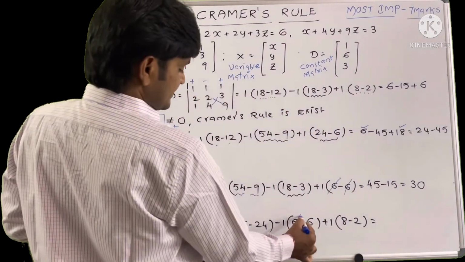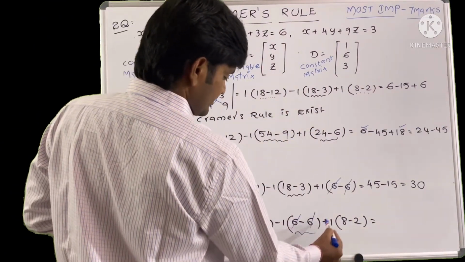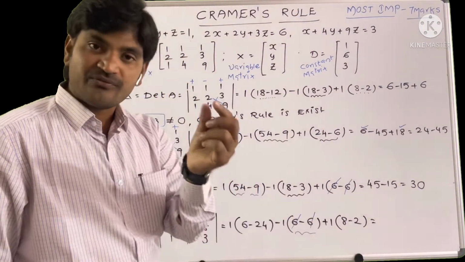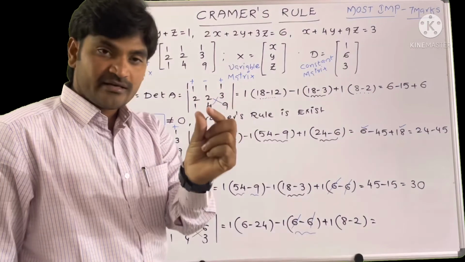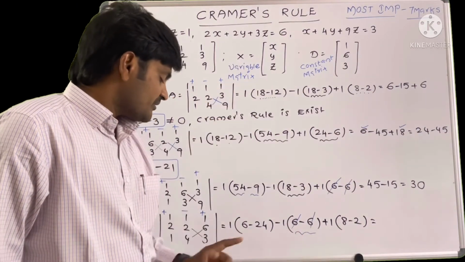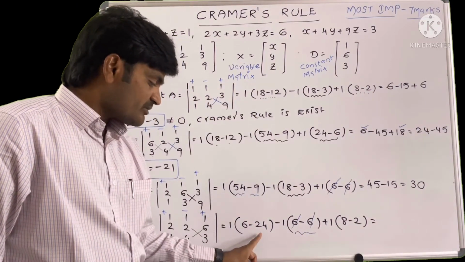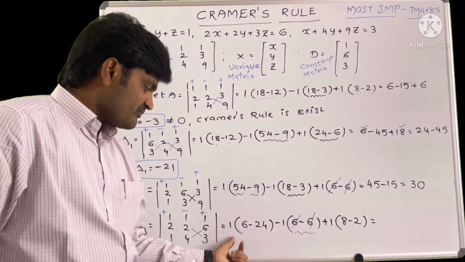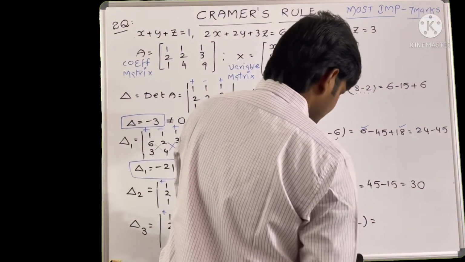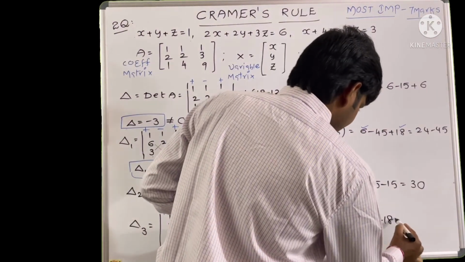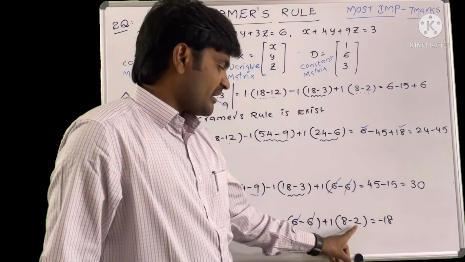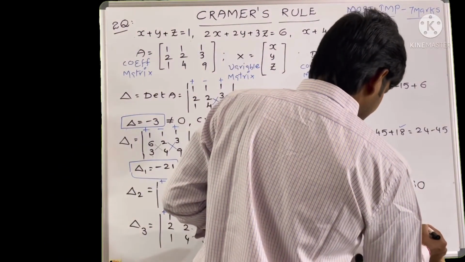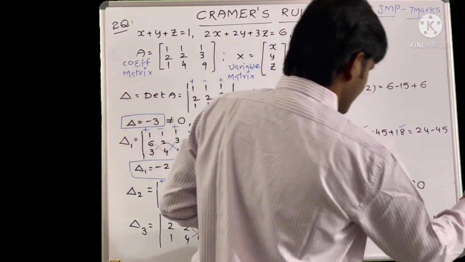Now this 6 and minus 6 cancel, 0 into minus 1 becomes 0, so we need not write this value. Now 6 minus 24 is minus 18, minus 18 ones are minus 18, and 8 minus 2, 6 ones are 6, so answer is minus 12.